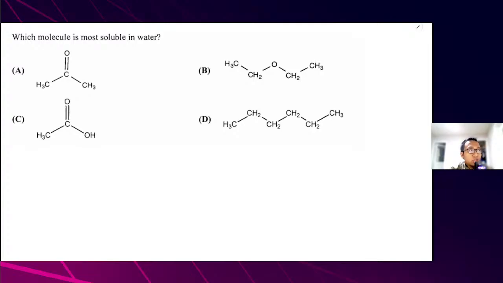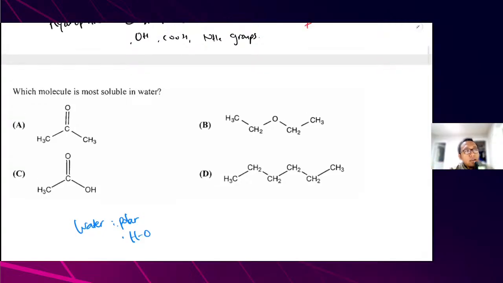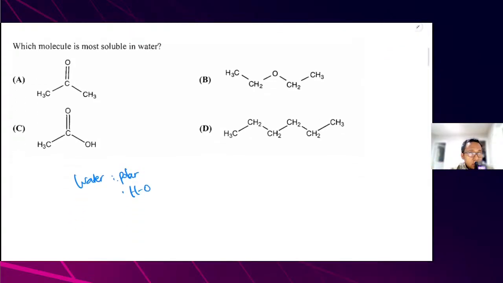Like I mentioned, the concept here is what makes a molecule water soluble. We know that water is polar, and it has hydrogen bonds.